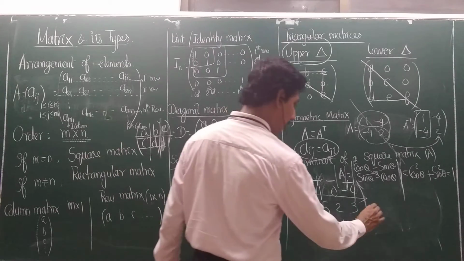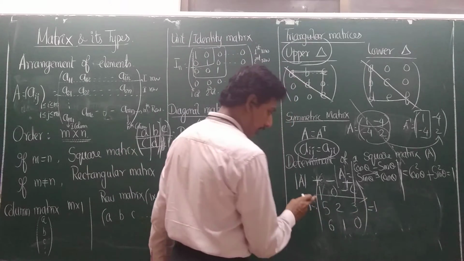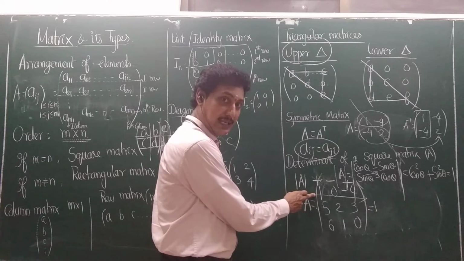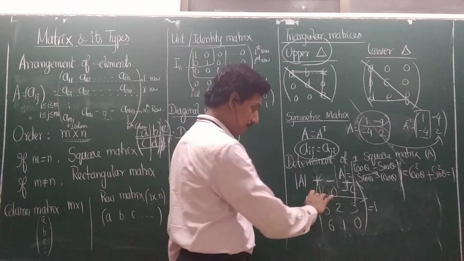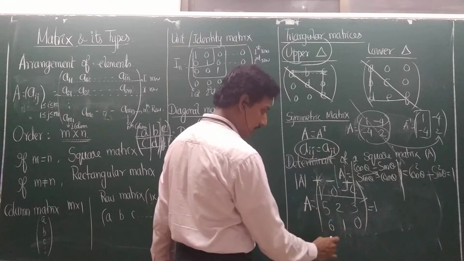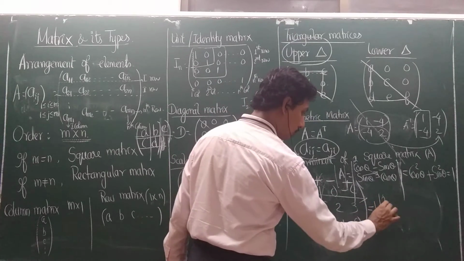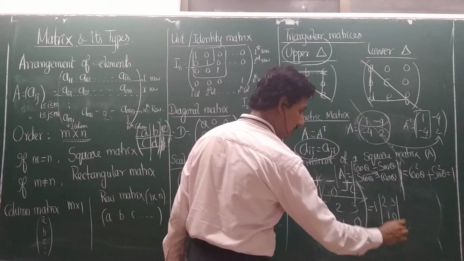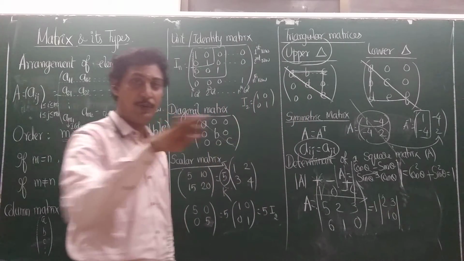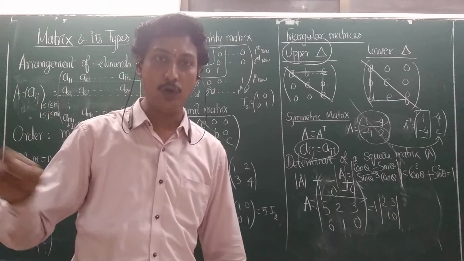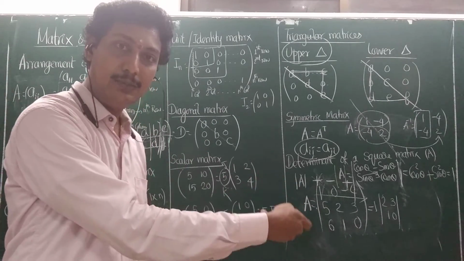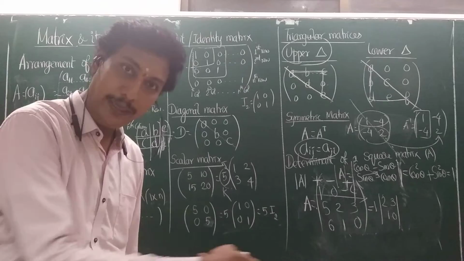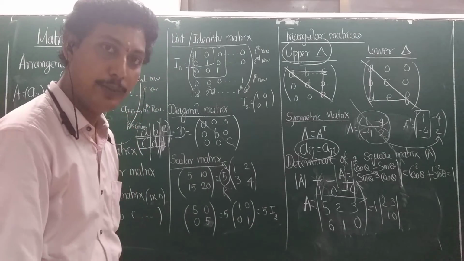So the first one, 1, if you want to consider this element, first element, omit the first row and the first column. What's the balance? The balance is 2, 3, 1, 0. Once I repeat this, if we neglect the corresponding rows and the columns, the remaining is a 2 by 2 matrix. Because for a 3 by 3, the minor matrix is a 2 by 2 matrix.